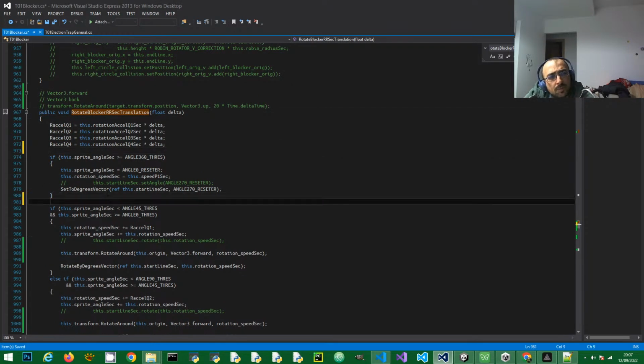So for the first, if checks if the angle overlapped the 360 degrees.